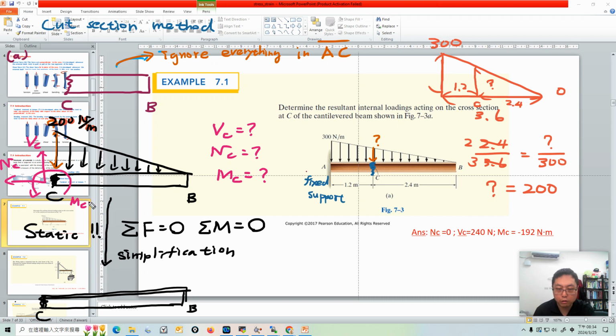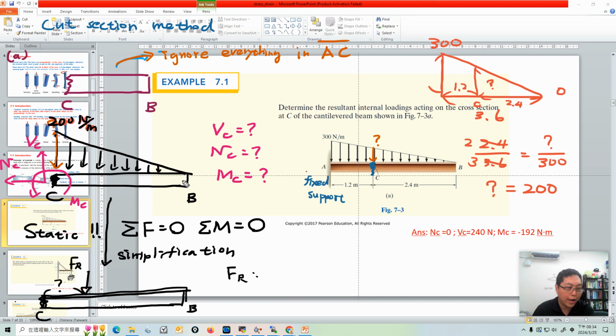What will the simplification do? For the simplification of the distributed load, we need to find FR and the position of FR. FR is the area under the distributed curve. That's why the force intensity at point C is very important, because it helps you calculate the area under this curve.